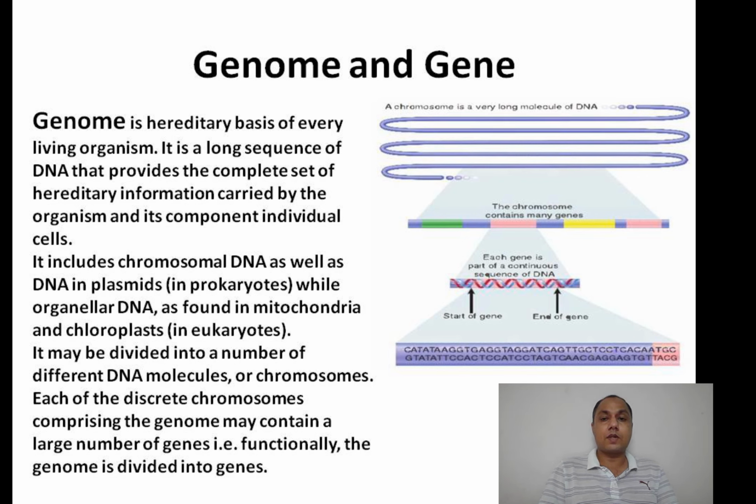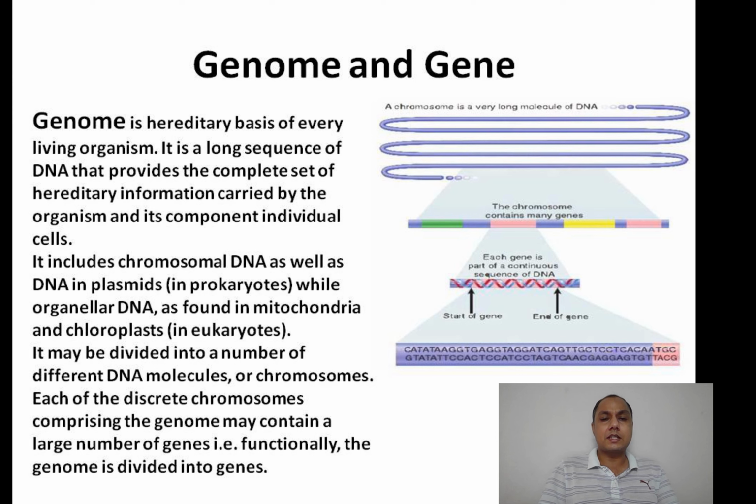Similarly, in eukaryotes, we know very well that in animals the DNA is found in the nucleus as well as in mitochondria. But in plants, it is found in mitochondria, nucleus, chloroplast, etc. In yeast, there is also a kind of plasmid.